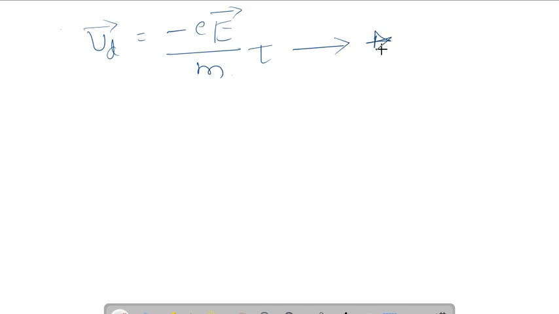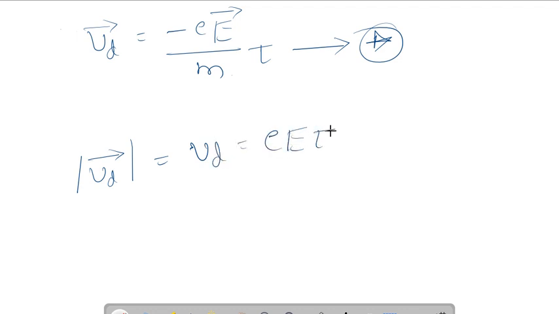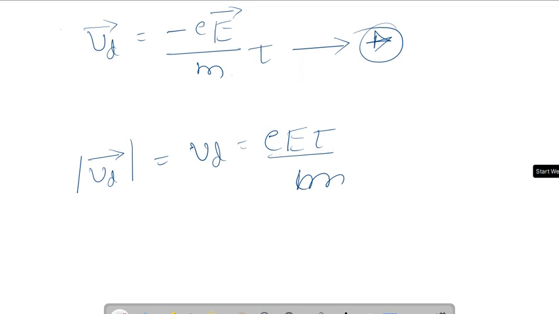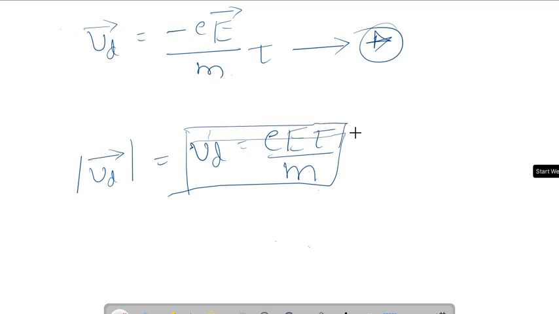This is the equation for drift velocity, or in magnitude, Vd is equal to e E tau divided by m.